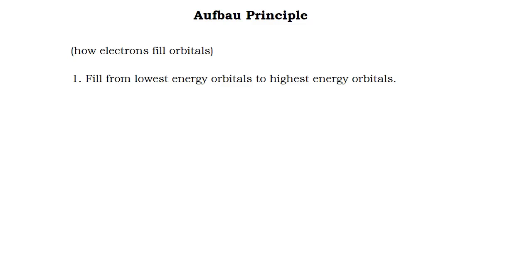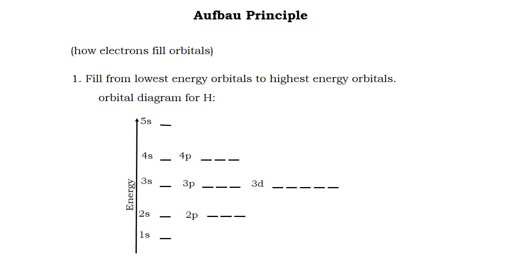Now, as electrons fill in atoms, there's a principle called the Aufbau principle, and this describes how electrons fill the orbitals. They always fill from the lowest energy to the highest energy. And so if we think about the orbital diagram for hydrogen, hydrogen has a lot of orbitals available to it, but its electron's going to sit in the 1s orbital because that's the lowest energy spot available.